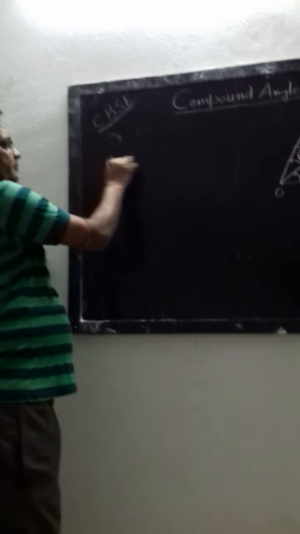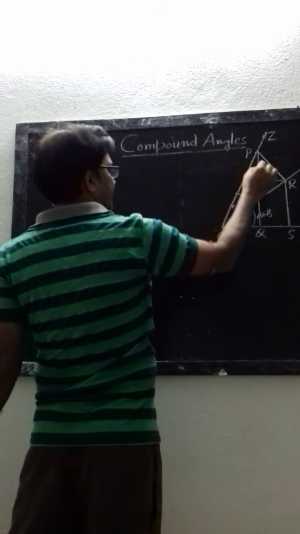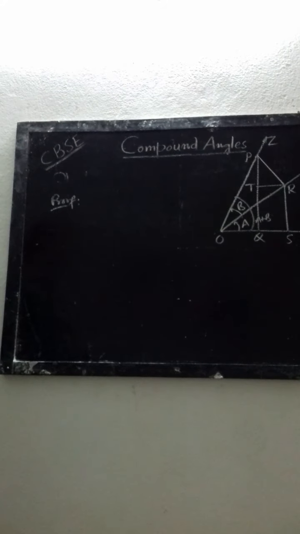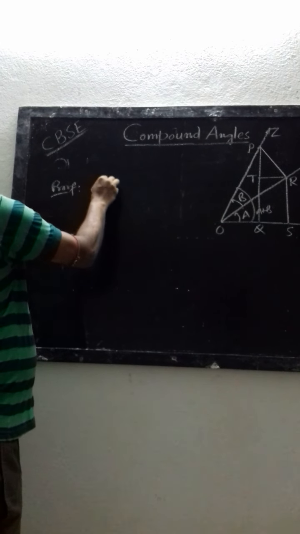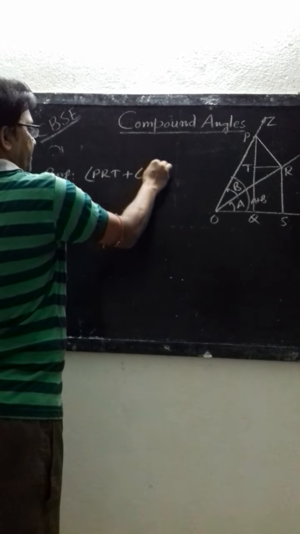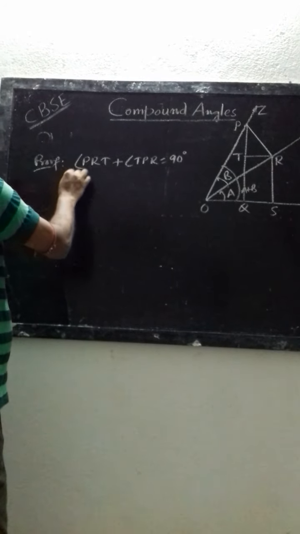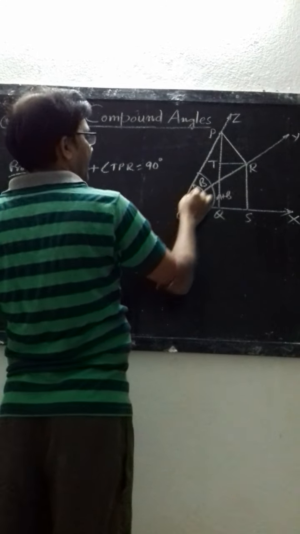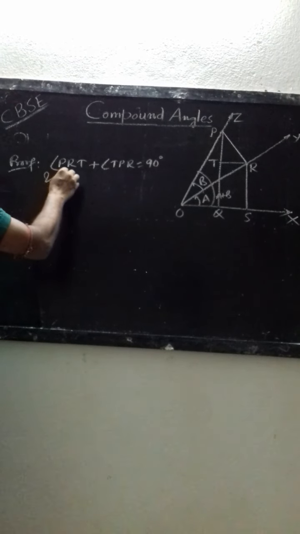Proof. Since PTR is a right angle triangle, angle PRT plus angle TPR equals 90 degrees, and angle ORP is also a right angle.